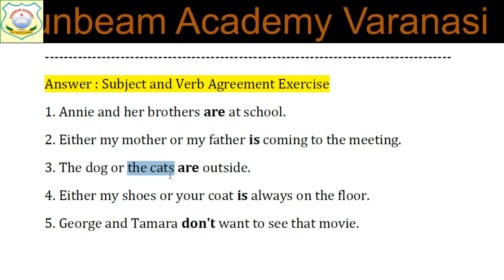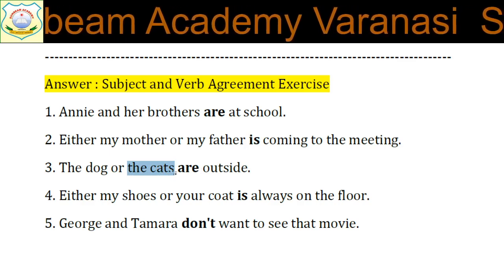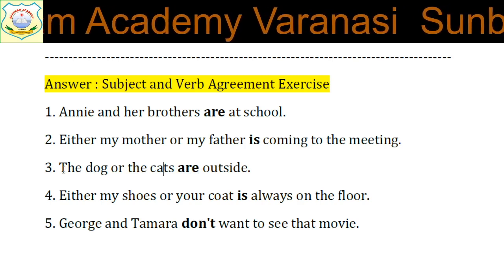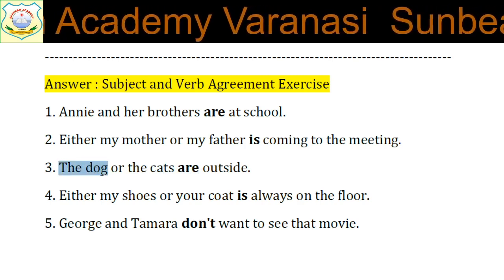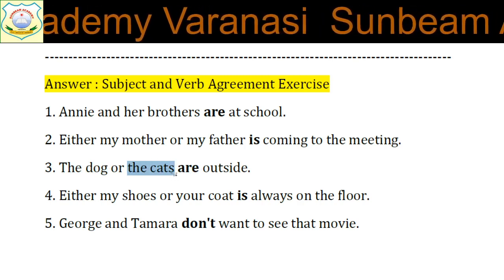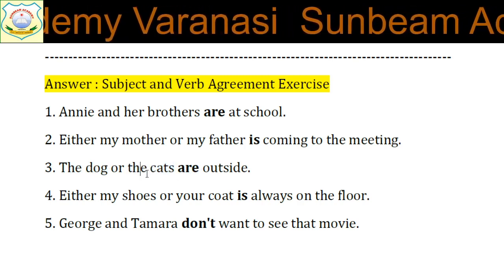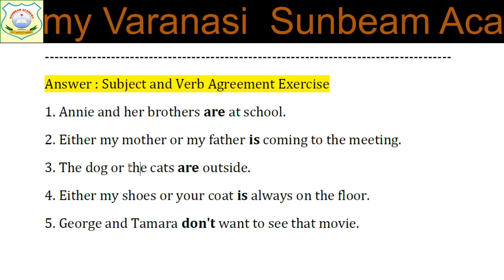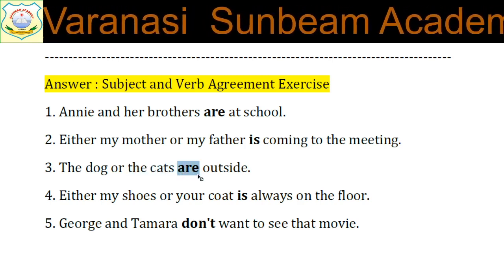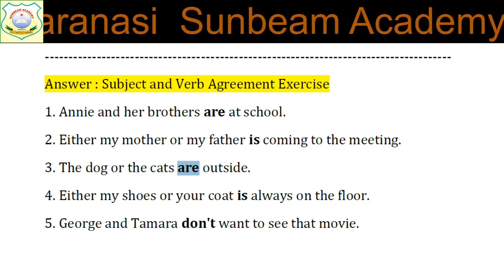So the nearest subject will be considered the main subject, and then you will use the verb accordingly. There, one subject is in singular form and another subject is in plural form. But in case it happens, we always take the nearest subject and accordingly use the verb. So here are is correct.